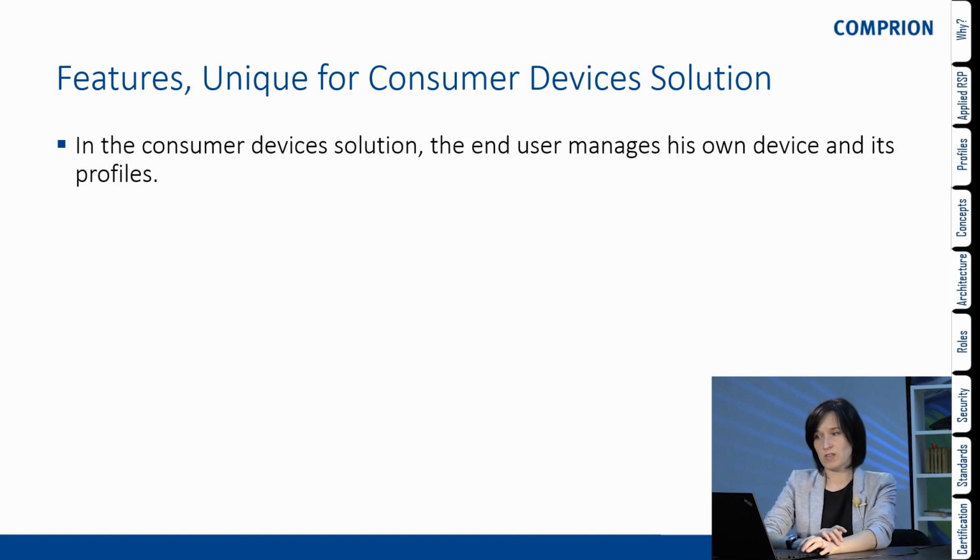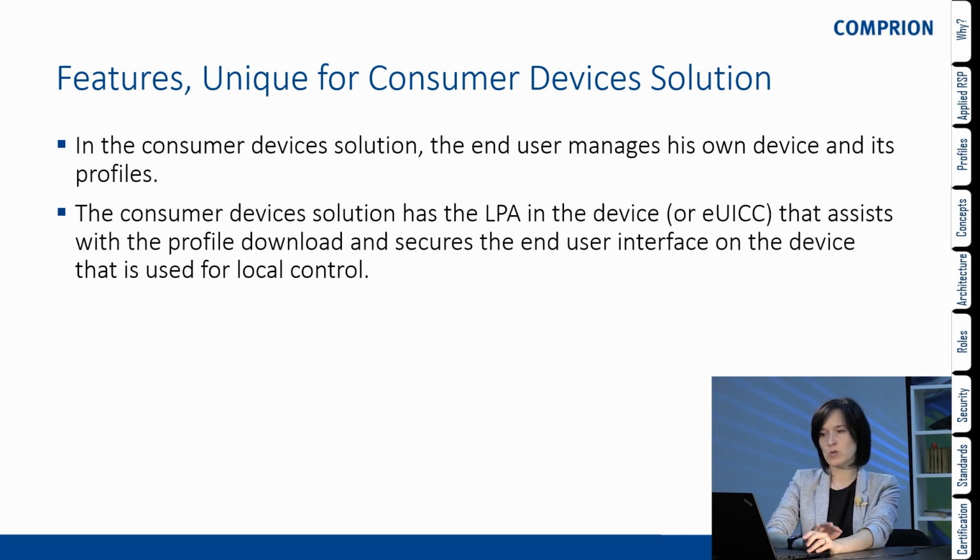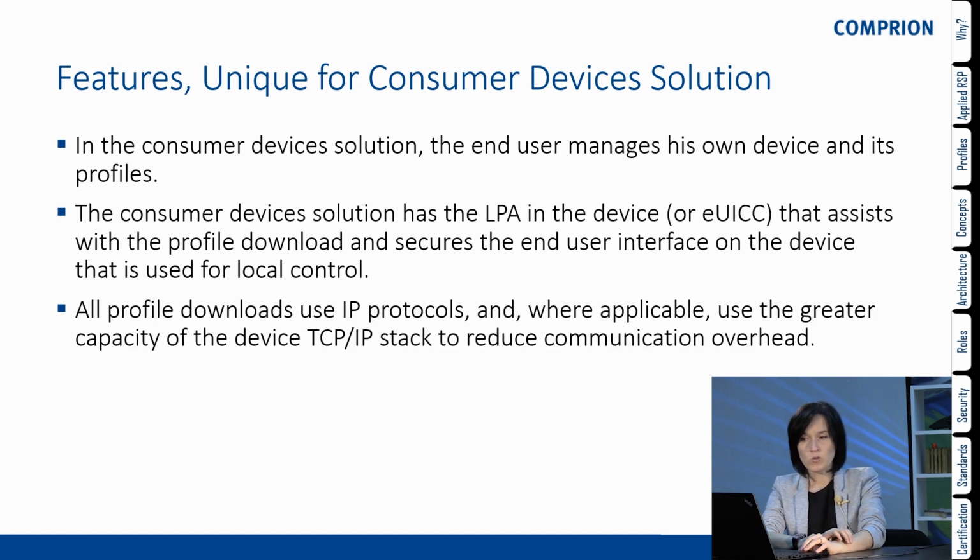Unique features: in the consumer device solution, the end user manages his own device and its profiles. The consumer devices solution has the LPA in the device that assists with the profile download and secures the end user interface on the device that is used for local control. With the LPA, there is no SM-SR. All profile downloads use IP protocols and, where applicable, use the greater capacity of the device TCP/IP stack to reduce communication overhead.